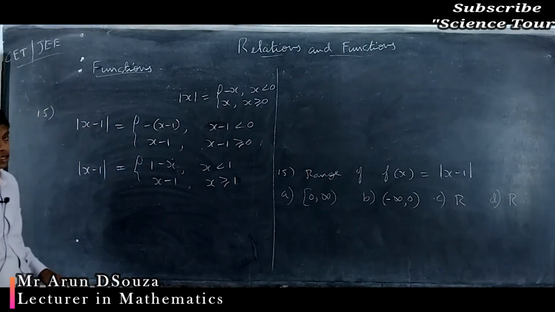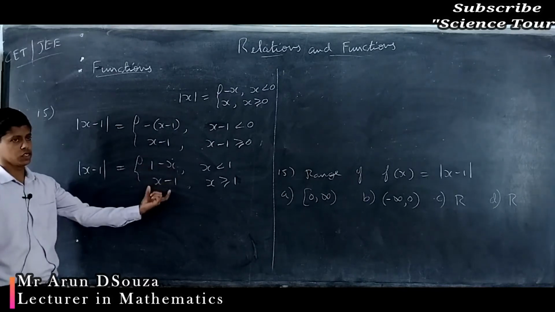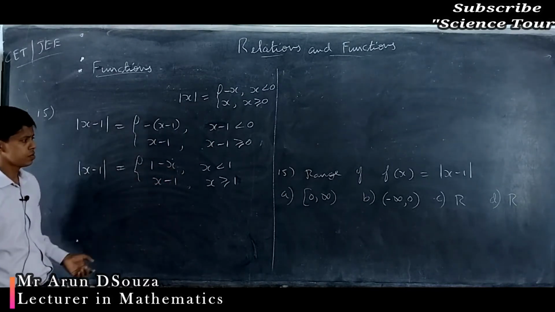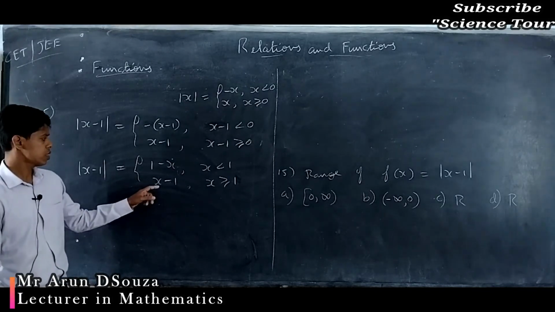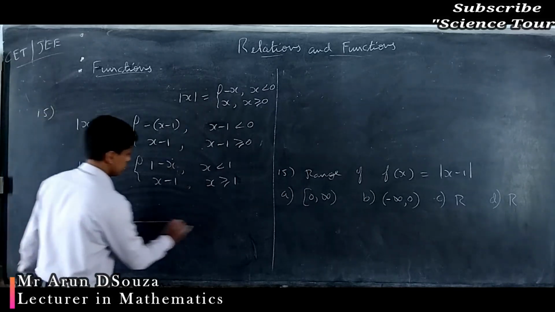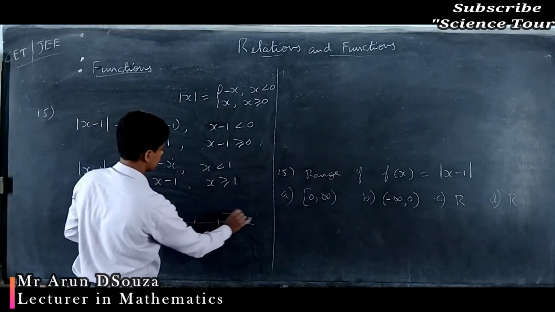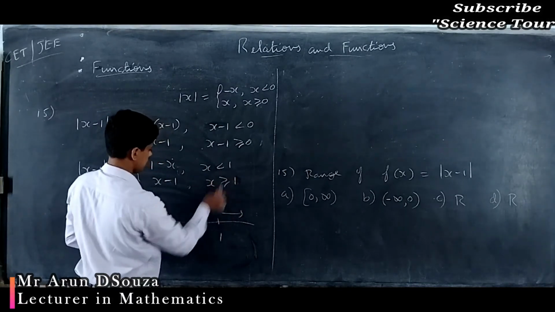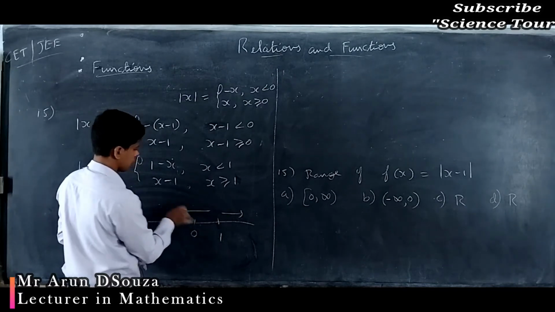Okay, we are talking about the range. Range is the output values. What is the lowest value possible? When do you think this will be lowest? See, you have 0, you have 1. Here x is greater than or equal to 1, and these values are less than 1.